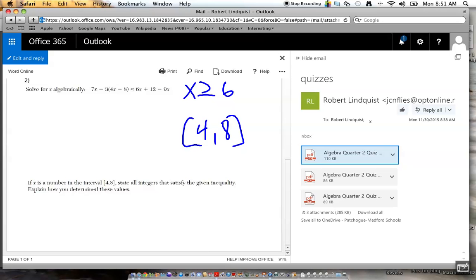Over the interval from 4 to 8, it says here, state all integers. Integers are whole numbers, positive and negative. But they only want us to limit the interval from 4 to 8, include the 4 and include the 8. Which ones satisfy this? Well, it says specifically it wants the ones that are greater than or equal to 6. So the answers are 6, 7, and 8.